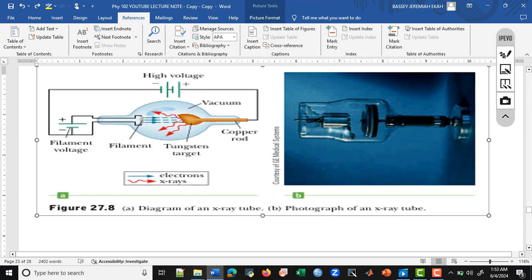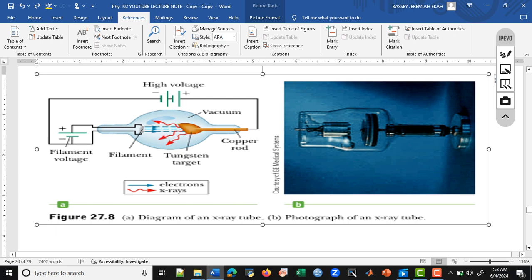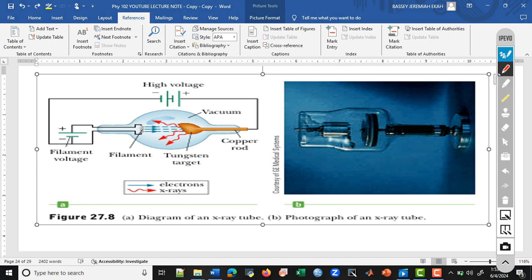That explanation could be seen on the figure here. So this is a vacuum. Now see the filament voltage, and then the filament of the tube. You see the target here. In this case, this one is made of tungsten, connected to the copper rod.